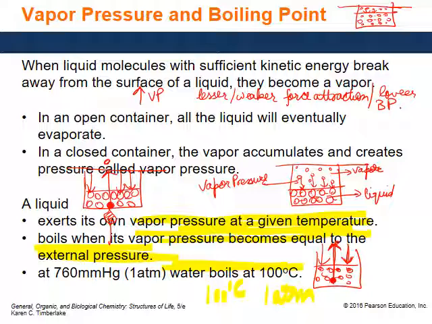Why? Because the atmospheric pressure there is lesser. Instead of 1 atm, maybe it is 0.95 atm. So now the vapor pressure only has to become equal to 0.95, which is easier, and can be attained at a lower temperature. So there water boils at a much lower temperature.